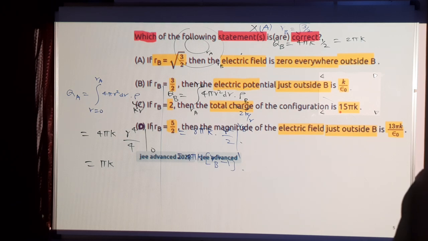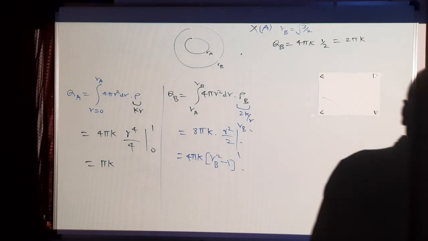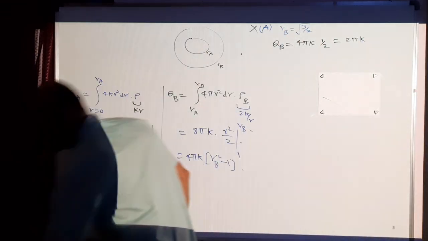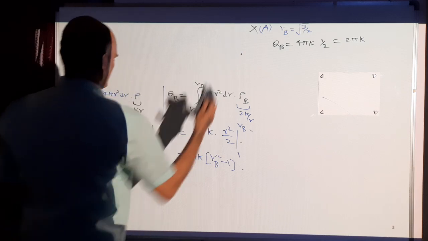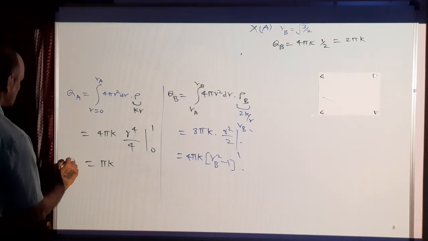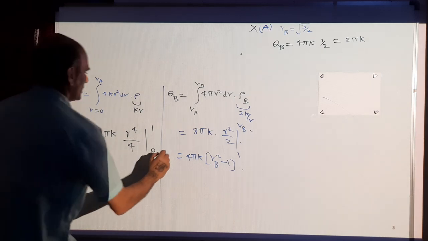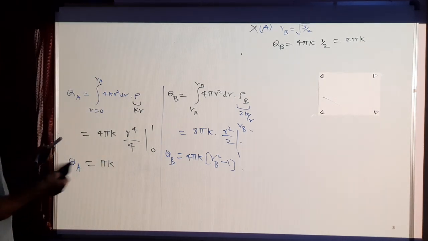Option B, RB equal to 3 by 2. Then we need the electric potential just outside B. I'll just use these two results: the charge inside the inner sphere is this one, and the charge in the shell is this much.